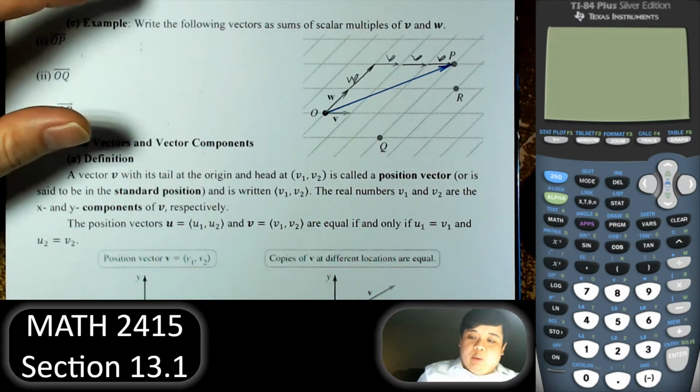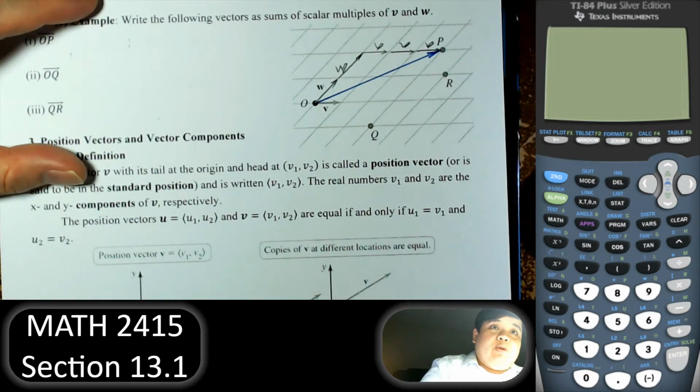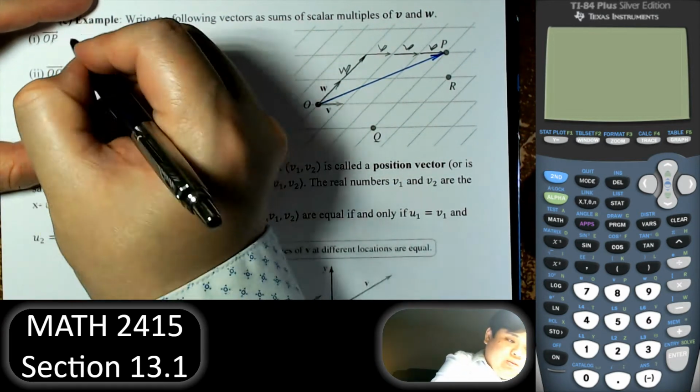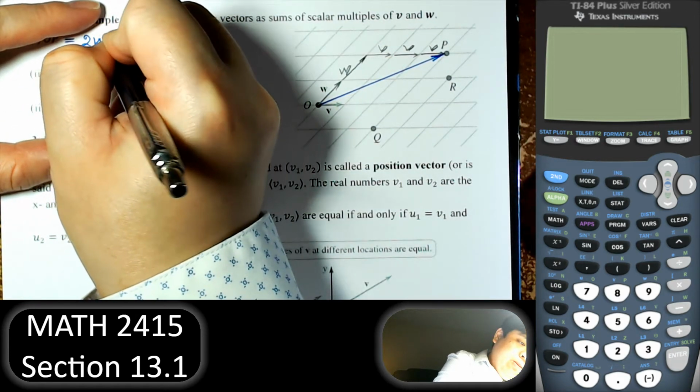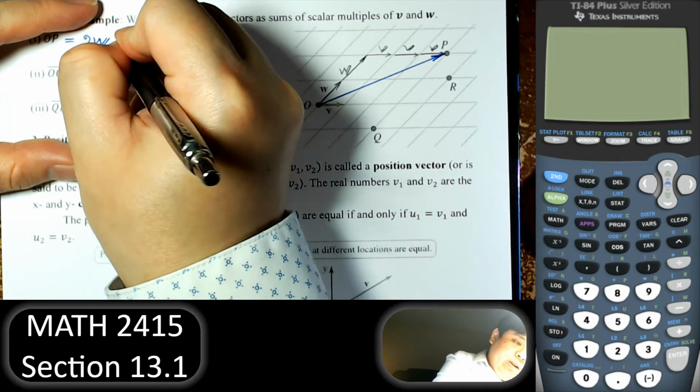In that case, we use the head to tail method, or triangle rule. So OP is going to be 2w and then 3v.